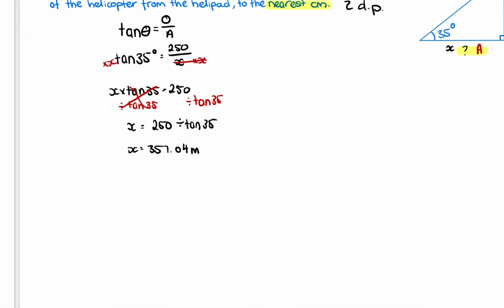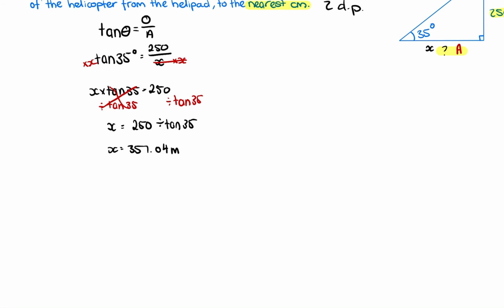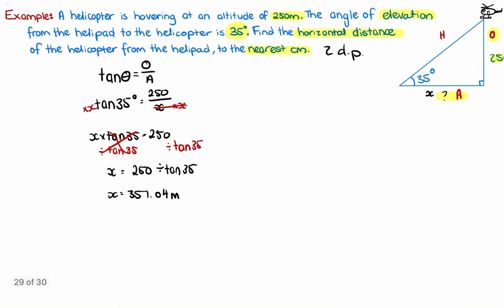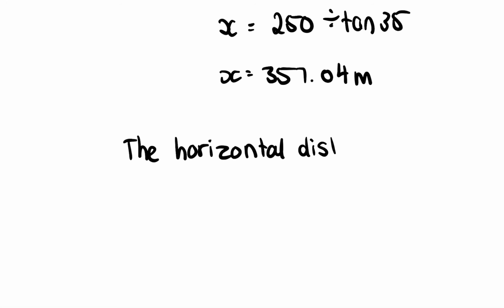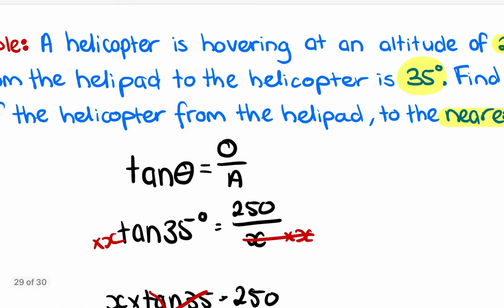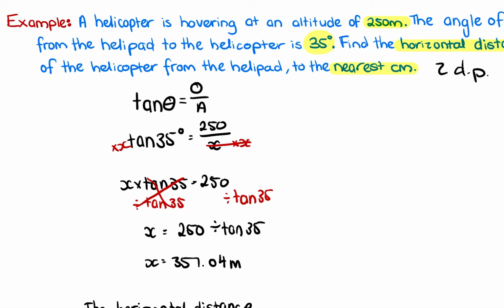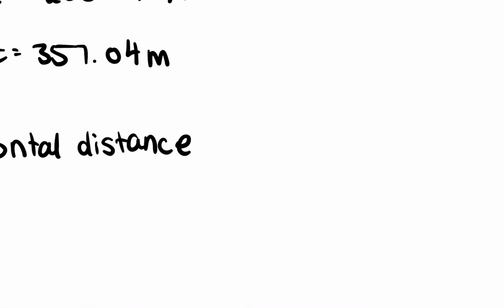So we've done the solving, we've found what it wants. But the last step, because it's a word question, is to write it in words. We're going to state the horizontal distance, because that's what it was asking for. This is where you refer to what the question was saying, from the helicopter to the helipad.